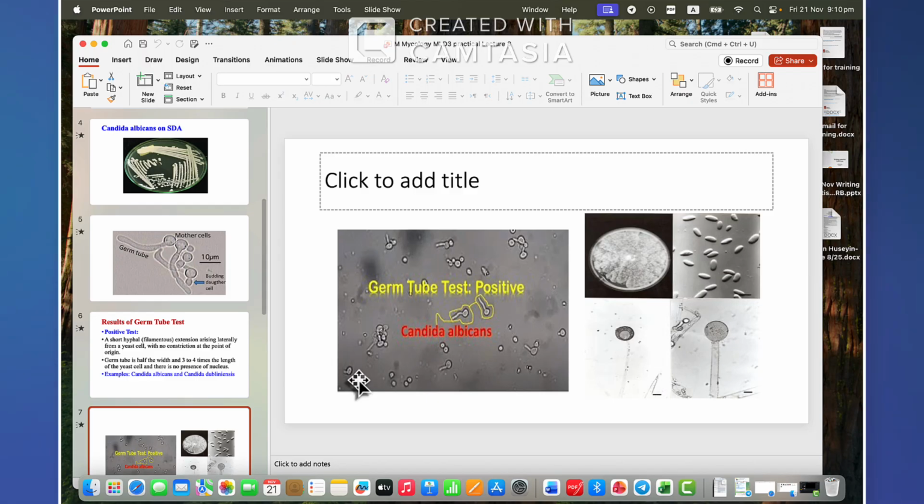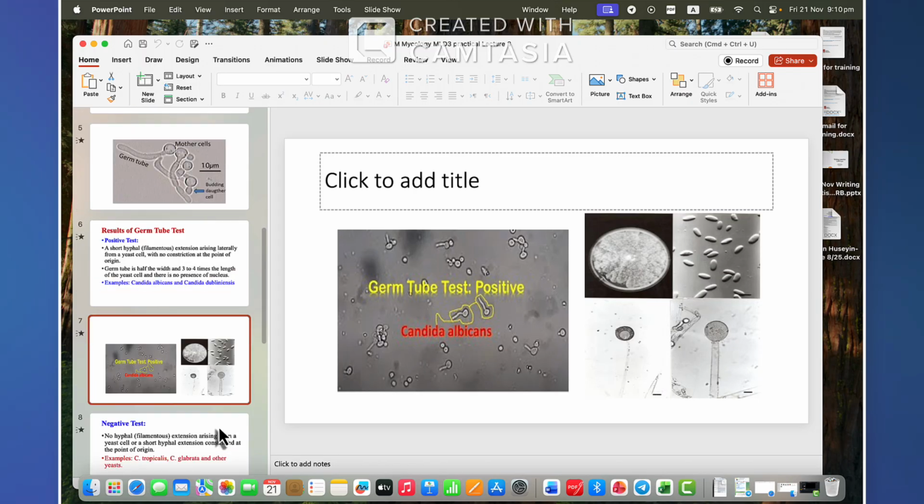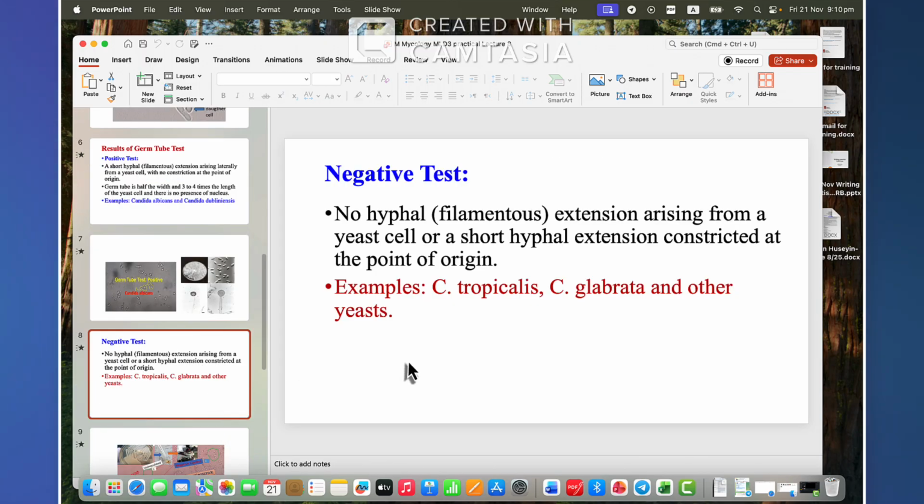As you see, this is a germ tube under the microscope. Tropicalis and glabrata are negative, so there is no formation of hyphae or germ tube in those species, just in Candida albicans and Candida dubliniensis.